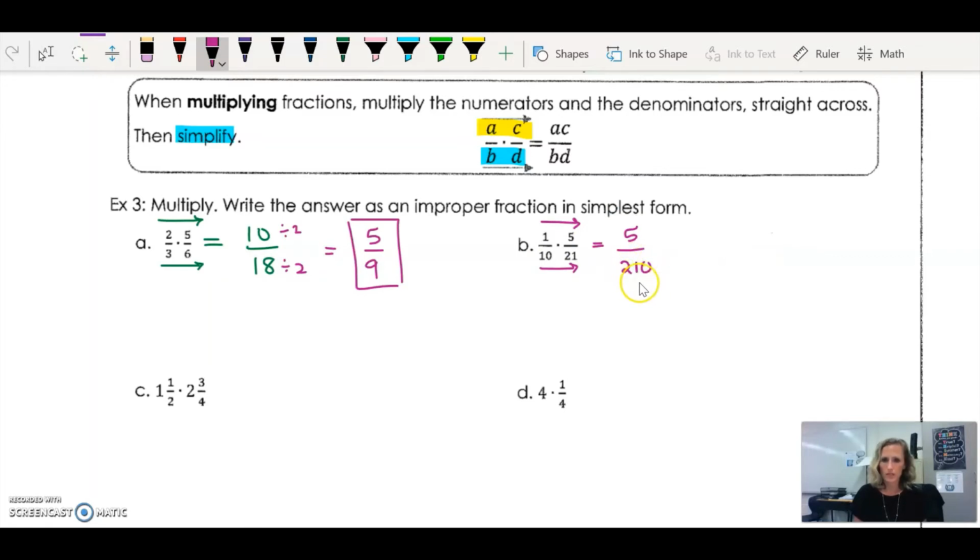This seems a little scary because that's such a big number, but it's easy to see that they're both divisible by 5 because any number that has a last digit of 0 is divisible by 5. So I'm going to divide numerator and denominator by 5 to simplify. And so 5 divided by 5 is 1, and 210 divided by 5 is 42.